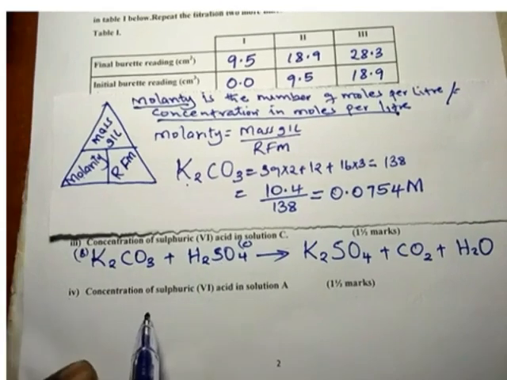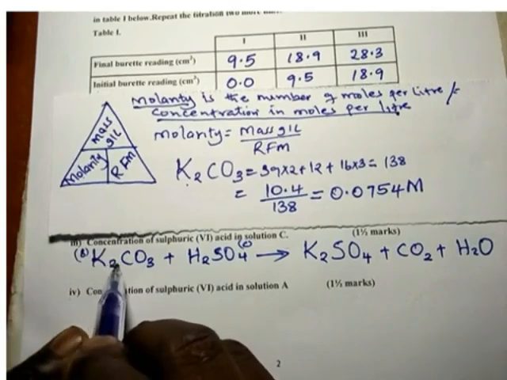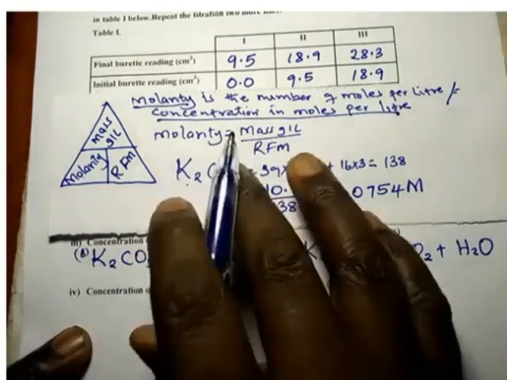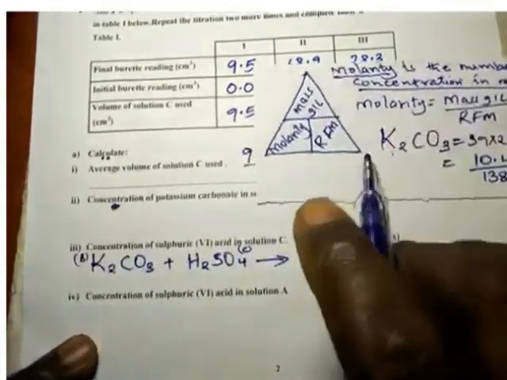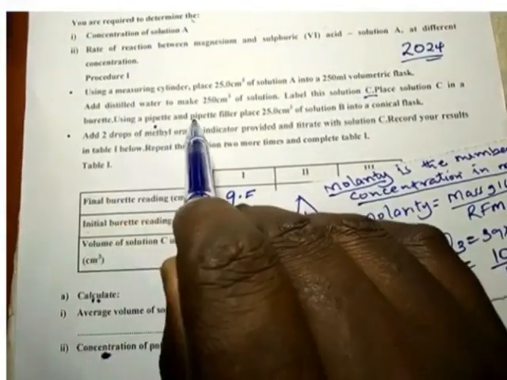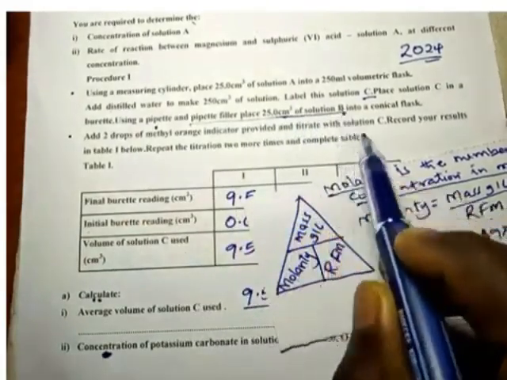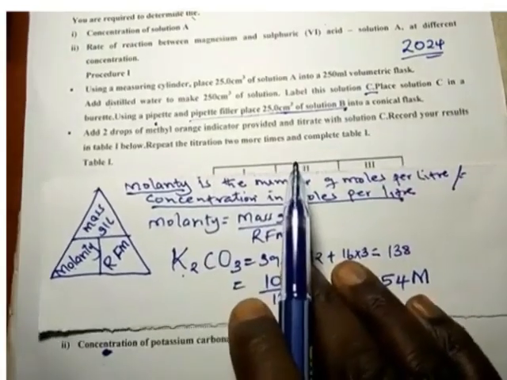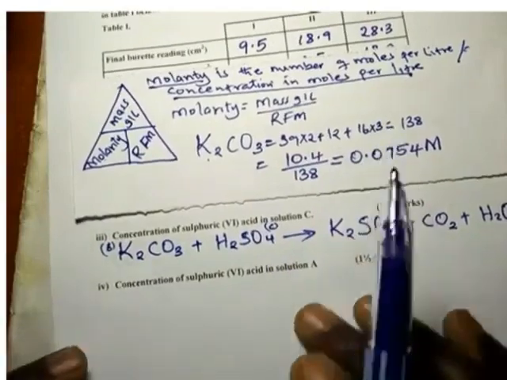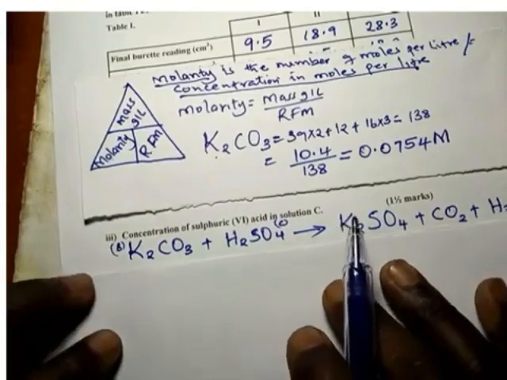So we start here. What do we know? We know the molarity of this one. We know the volume of solution B that was used. You were told that using a pipette, 25 of solution B. But what we know is that molarity is the number of moles in what?